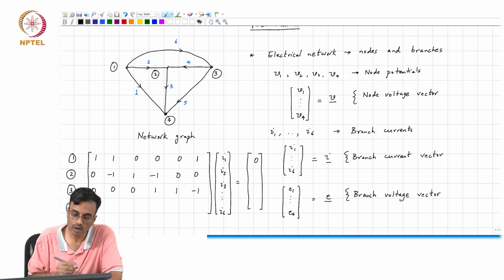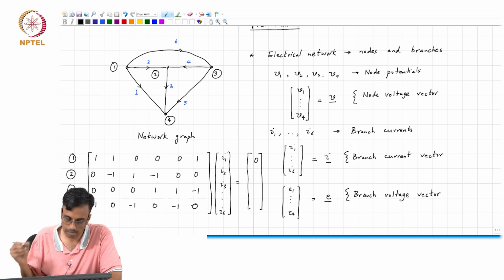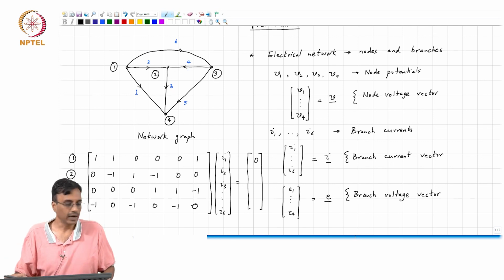And at node 4, we have minus 1, 0, minus 1, 0, minus 1 and 0. Sorry, the entries are minus 1 for branches 1, 3 and 5. Okay. All right.